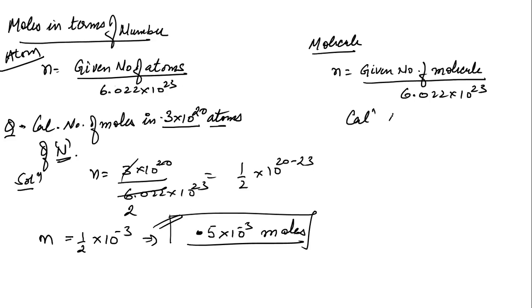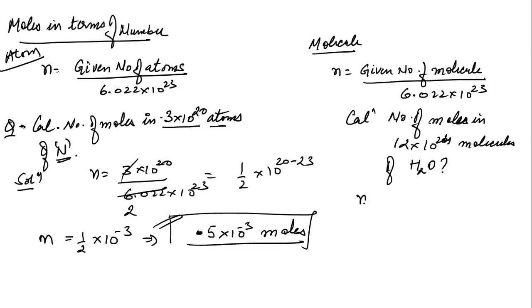Now, the same is the case for molecules also. If the question is: calculate the number of moles in 12 into 10 power 24 molecules of H2O. So n will be equal to 12 into 10 power 24 divided by 6.022 into 10 power 23.